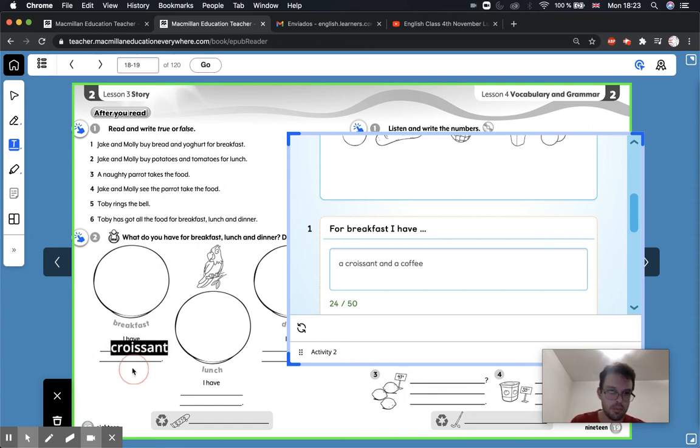Croissant and coffee. Okay, and then I would draw here my croissant. Más o menos croissant. And a coffee. Esto tiene que ser un café. Pero bueno, croissant and a coffee.